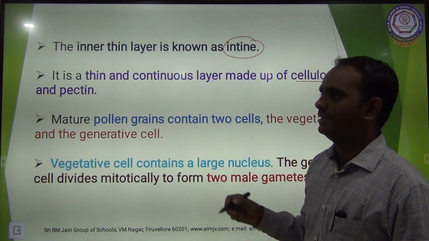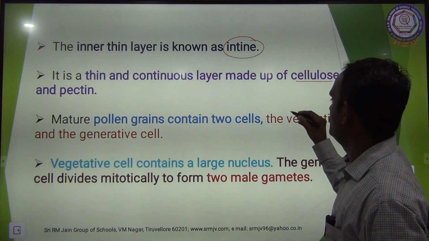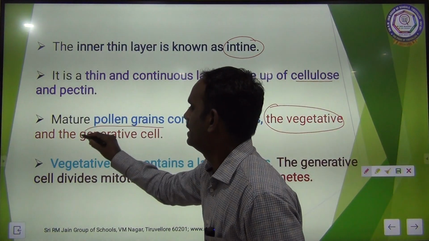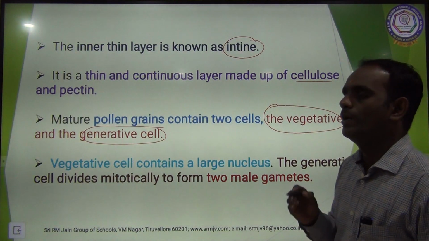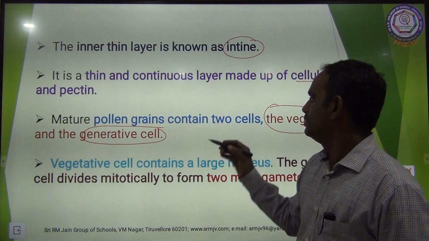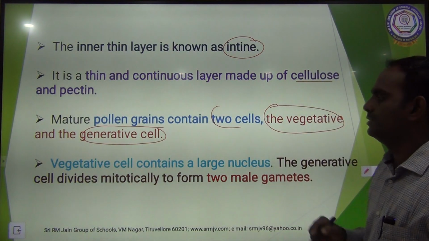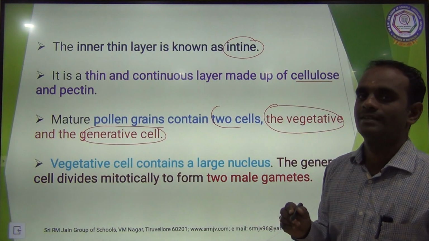A mature pollen grain consists of two types of cells. One is vegetative cell and another one is generative cell. Can you get my point? The pollen grain contains two types of cells. One is called vegetative cell and another one is called generative cell.